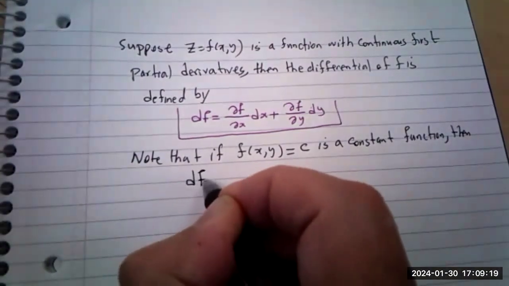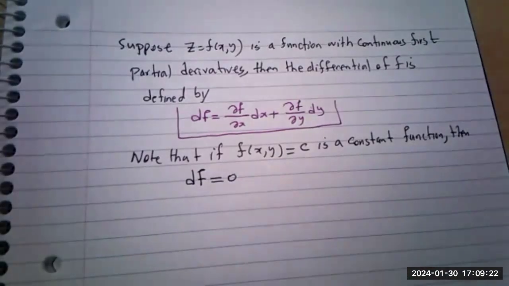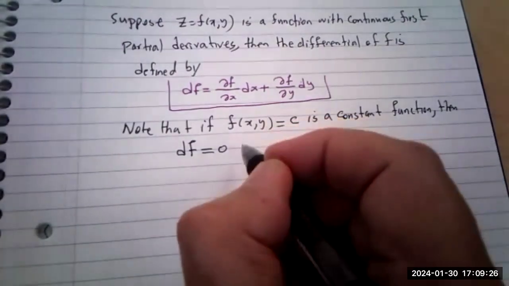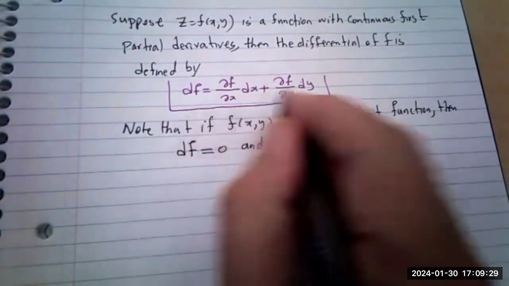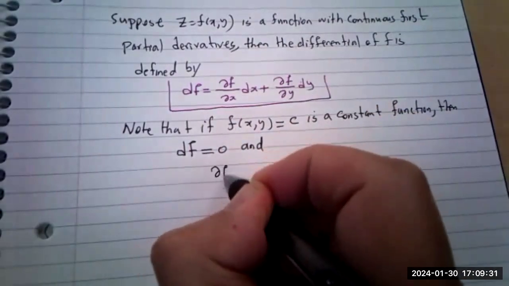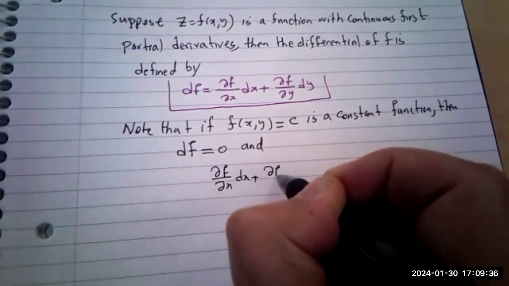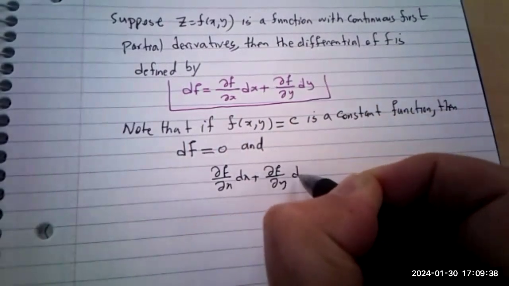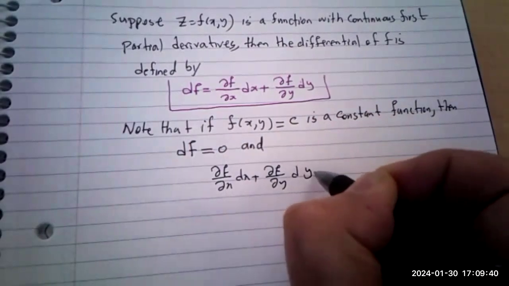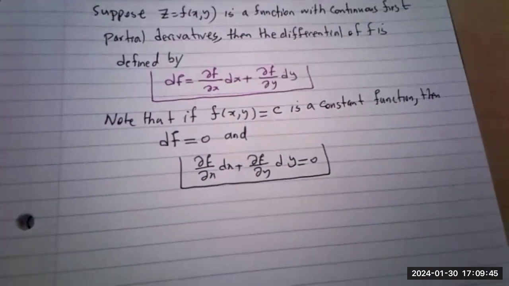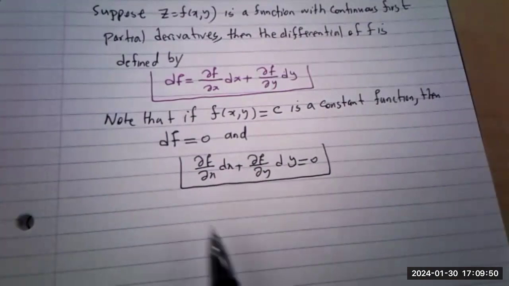In this case, the differential of f would be 0, and that equation would change into partial f partial x dx plus partial f partial y dy equal to 0. So if f is a constant, we can have this differential equation.